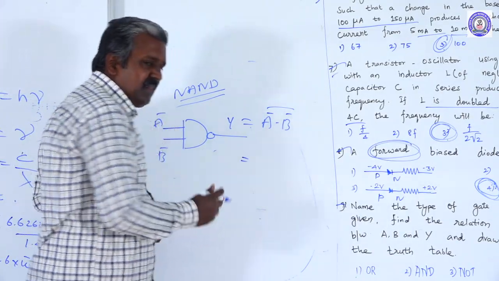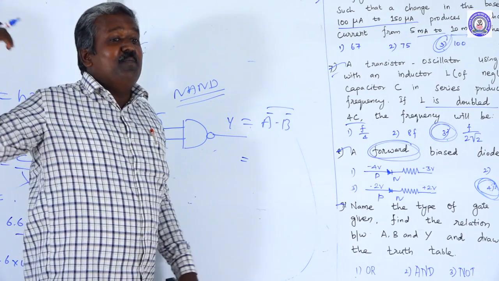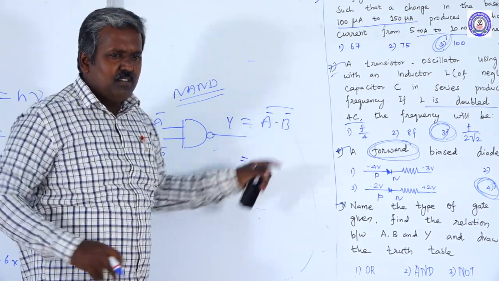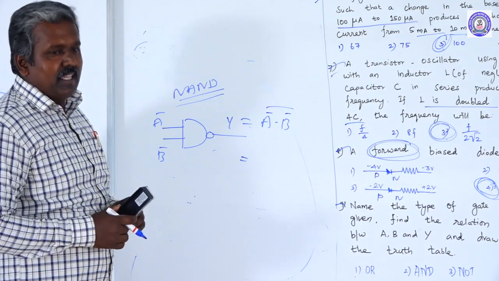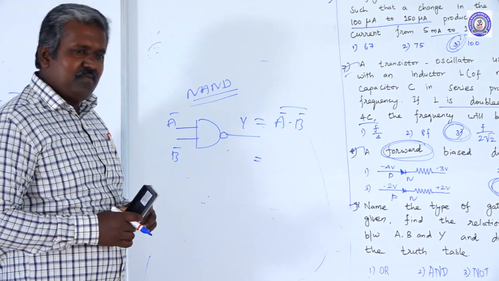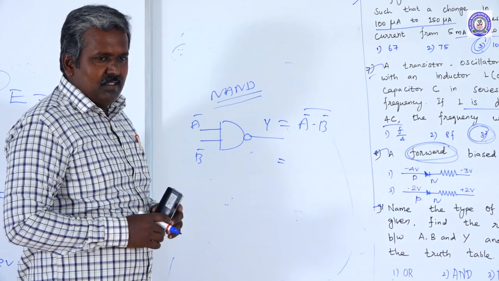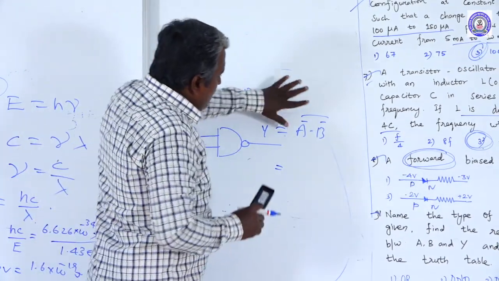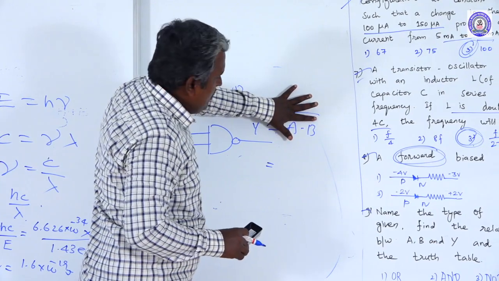After that we must apply De Morgan's theorem. First theorem or second theorem? Second theorem. No need to name it first or second; we must know only the theorems, that's all. So leave it.